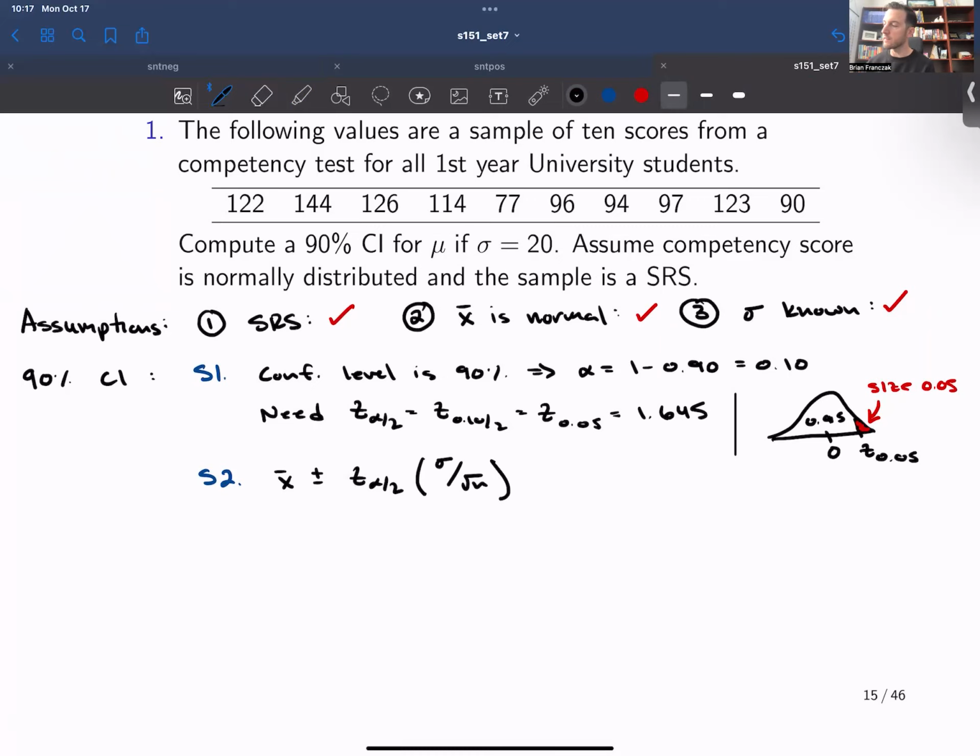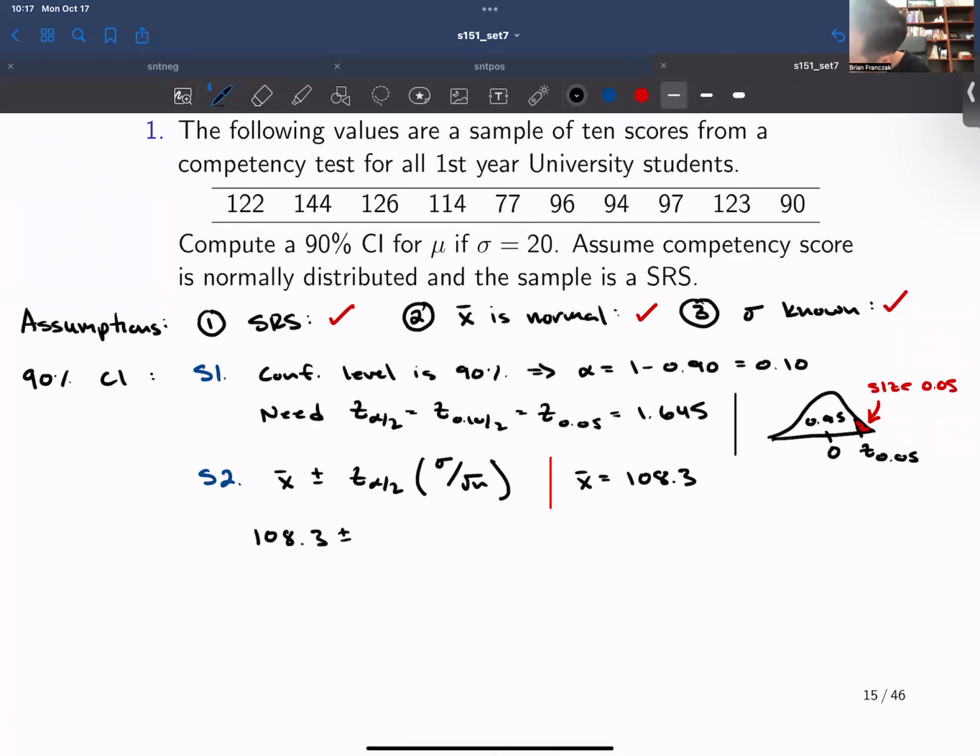And x bar is the sample mean for those 10 values. We've computed x bar in previous illustrations, and we've shown that x bar is 108.3. There are a few different illustrations of the computation of this value on previous slides.